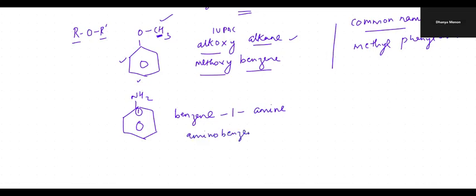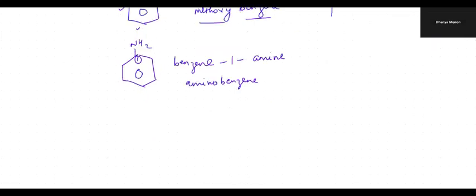But the more common or more accepted name that the IUPAC has given is aniline. You will come across the name aniline a lot of times. And you have a whole lesson on amines in grade 12 where you will learn about aniline. So this is the name that you would come across mostly. I hope I'm clear here.